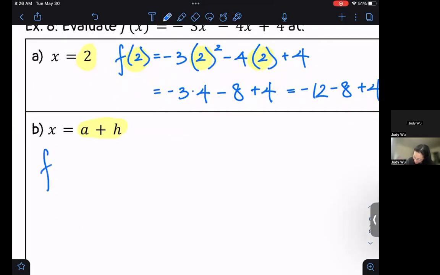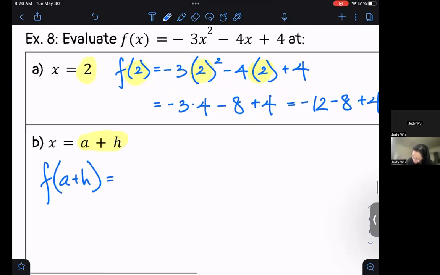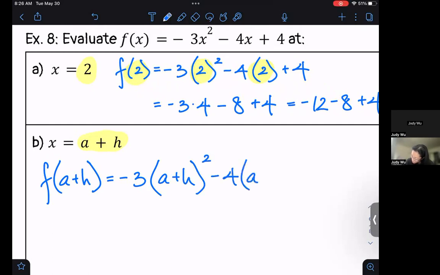So we're going to get f of a plus h equals, make sure we copy this down correctly, negative 3 times a plus h squared minus 4 times a plus h plus 4. So everywhere I see the x, I'm replacing it with a plus h.